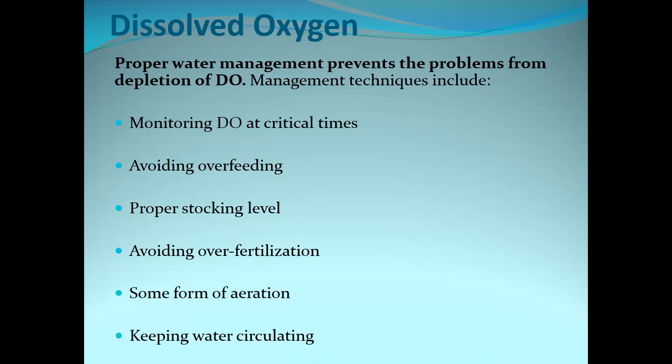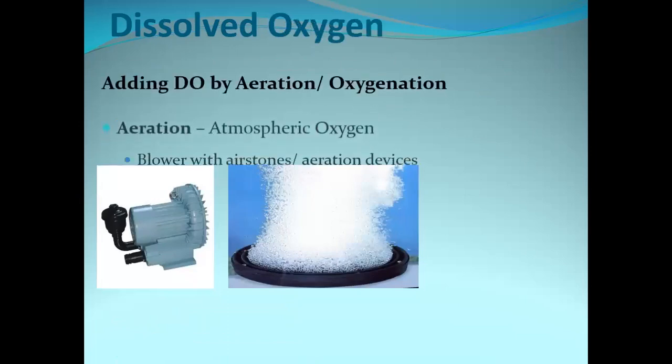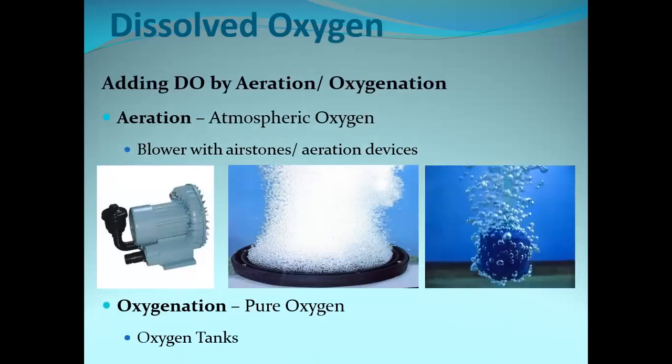And you always keep your water circulating so you increase the homogeneity of your environment. Right? So to add dissolved oxygen, you can add aeration devices. When we covered recirculating systems earlier, we saw air pumps, air blowers, aeration devices.